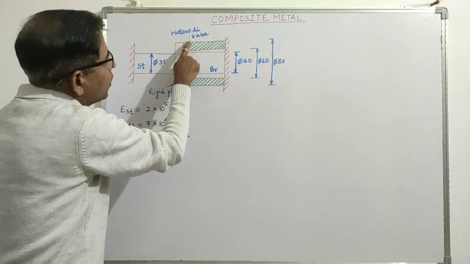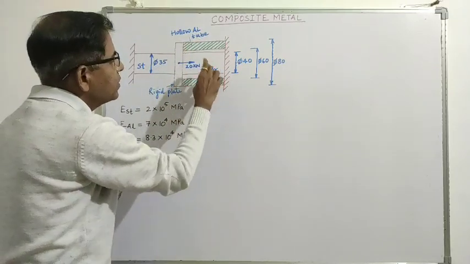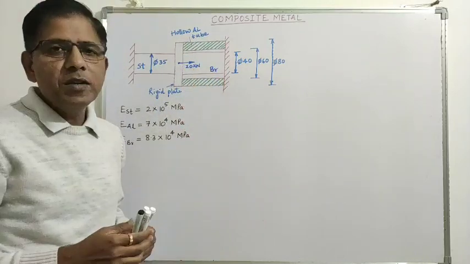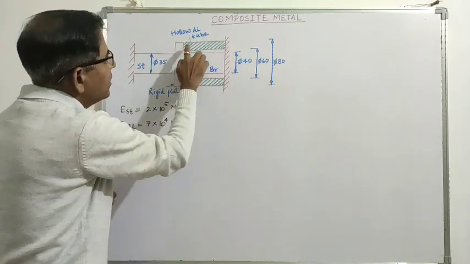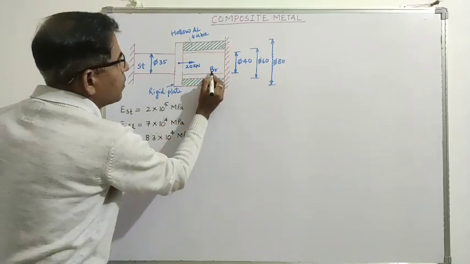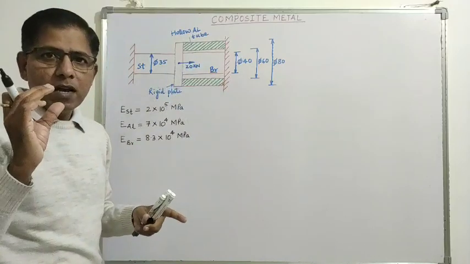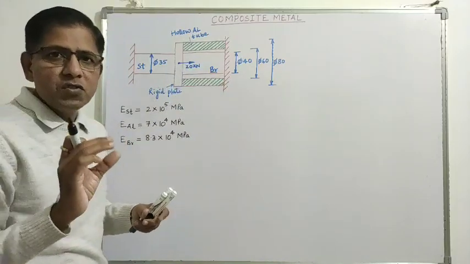The portion which is hatched by green lines is a hollow aluminium tube, and in this hollow aluminium tube a brass rod is inserted.